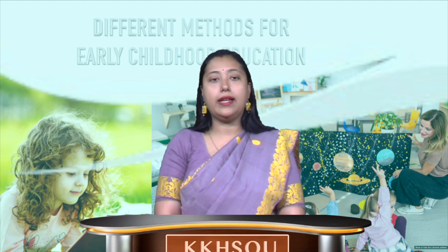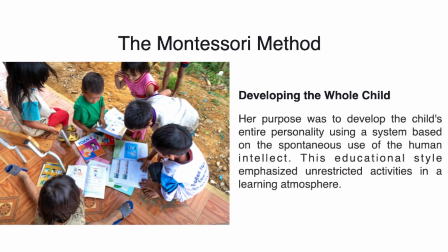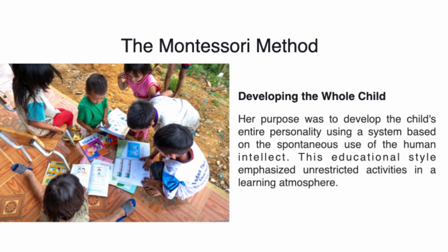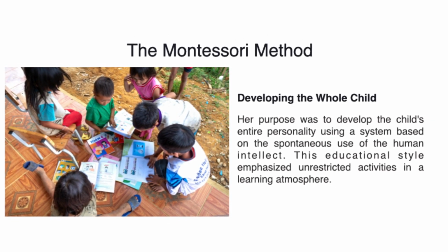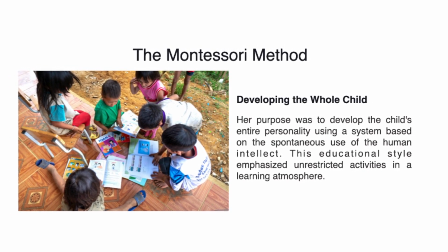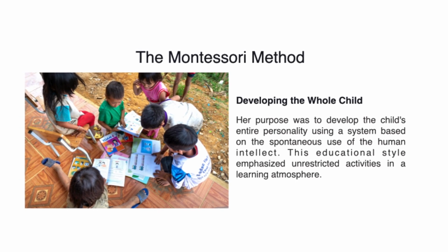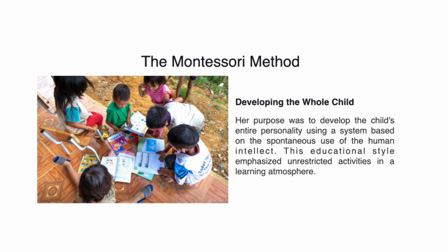The Montessori method helps in developing the whole child. Similarly to the other methods, it is also a method which helps in the holistic development of a child. Her purpose was to develop the child's entire personality using a system based on the spontaneous use of human intellect. The educational style emphasized unrestricted activities in a learning atmosphere. So it develops the child as a whole.